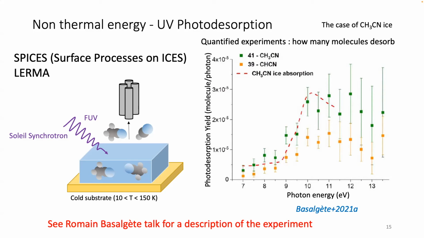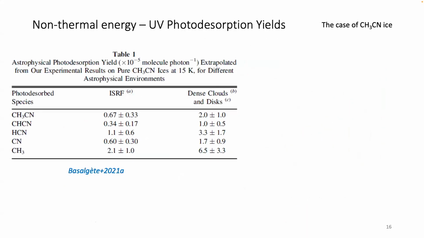So this was published by Romain Basalgète last year. And so what we saw is that CH3CN, the acetonitrile, the parent molecule, desorbs, but also some fragments. For example, here you see CH2CN. It's not only this one. We have a whole list of desorbing fragments: CHCN, HCN, CN, CH3.